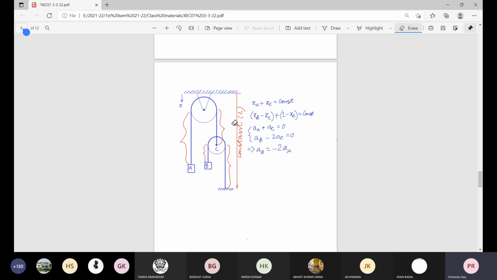Instead of a, we write v dv/dx, integrate it, and the integral of F dx equals the integral of m v dv, that is half m v square within certain upper and lower limits. We call it the total work done and the change in kinetic energy.